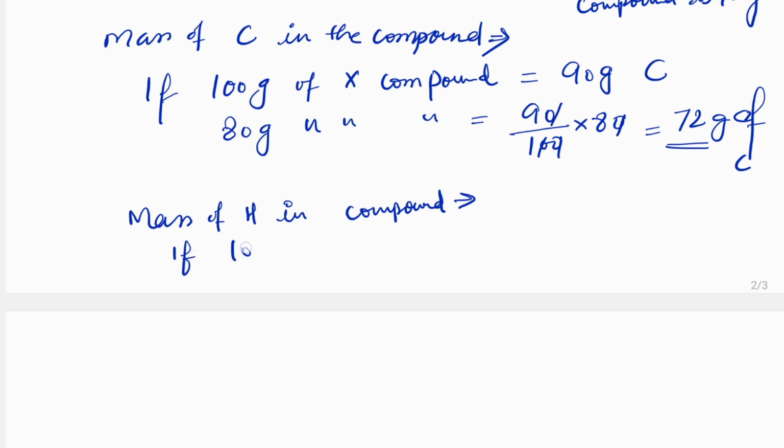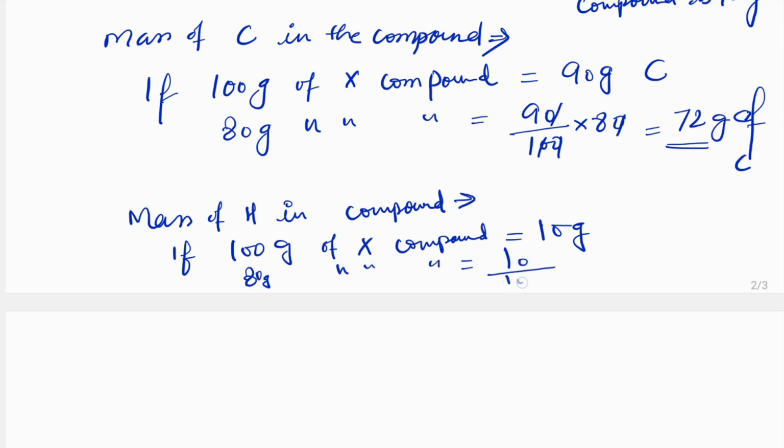If 100 gram of X compound is there, then hydrogen will be 10 gram. Okay, but if 80 gram of X compound was there, then 10 divided by 100 multiplied by 80, and there is 8 grams of hydrogen. This is one way.